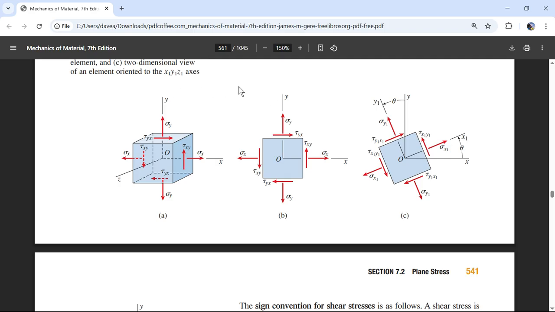They actually vary over the x direction and the y direction. But what this says is that this element is so small, it's kind of like a differential element. Because it's almost representing what's happening at a point, the stress on this side is going to be the same as that side. Even if there is a differential difference between this side and that side, we're saying that this stress is so small that it's the same.